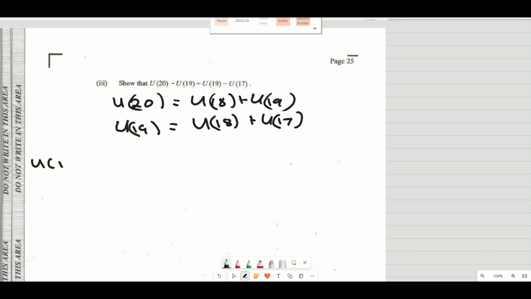So it's u18 plus u19, minus u19, is equal to, sorry, no. Instead of u19, you put in u18 plus u17, minus u17.